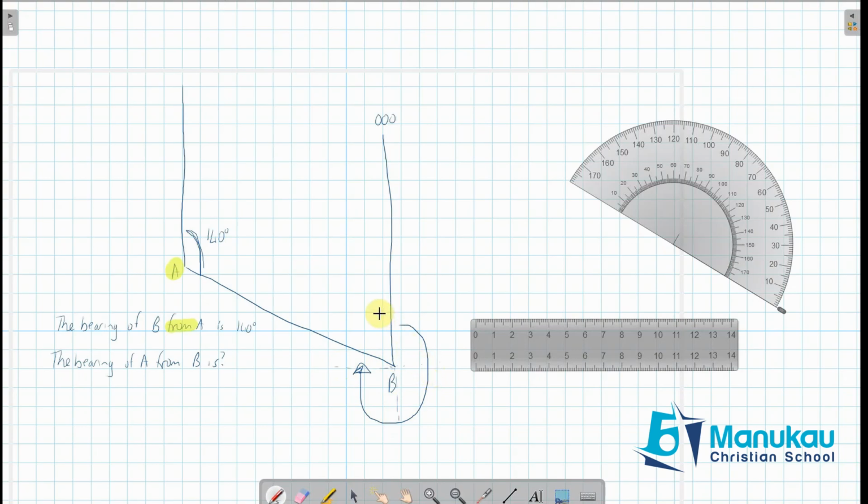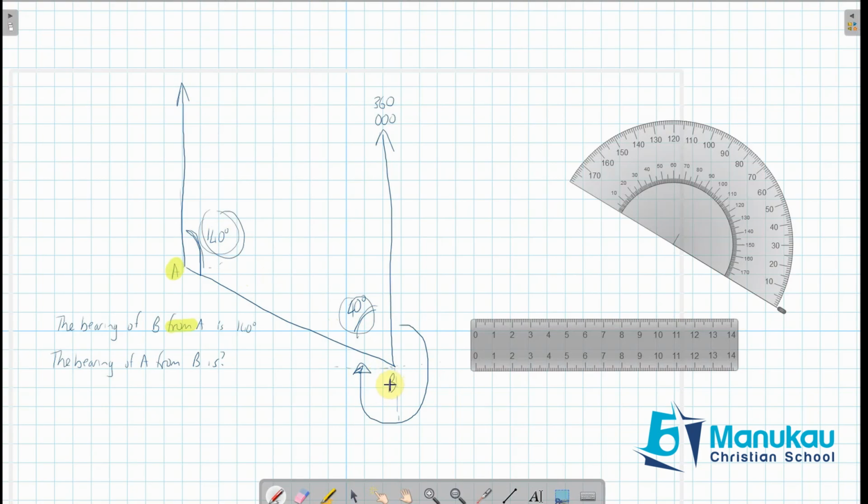You could, of course, measure this angle here and subtract it from 360, okay? But if you already know a bearing, like this one here, you should be able to work out the rest. And let me show you why. This angle should be 40 degrees, if the other one is 140, because these are co-interior angles. You've got two parallel lines, and if you've got two parallel lines, these two angles between them, this one and this one, have to add to 180.